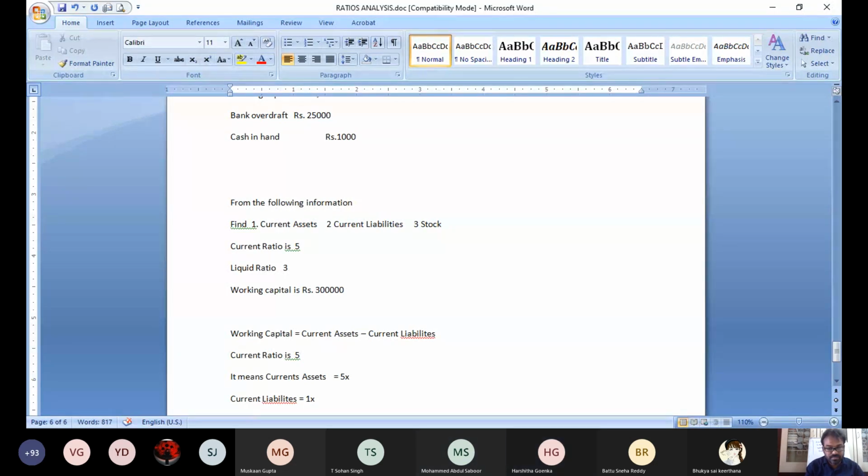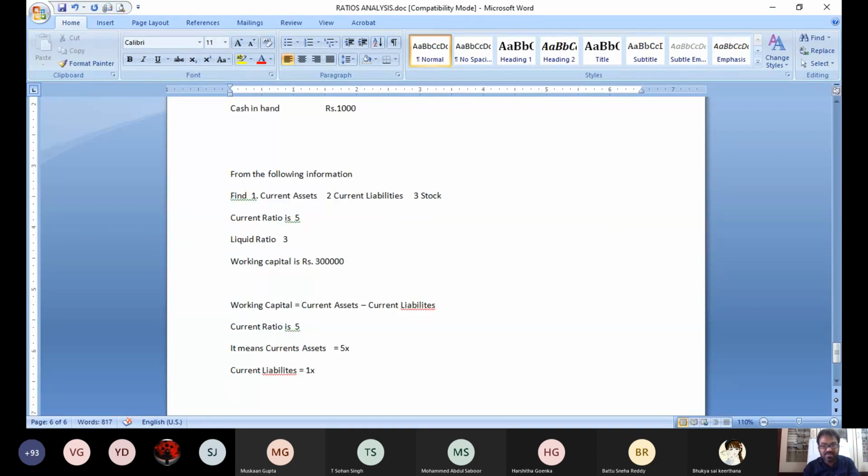This is very, very important. Always remember, when the current ratio is given, you assume the first value as the current assets, and current liabilities in the current ratio is always 1. So therefore current assets is equal to 5x. Current liabilities is equal to 1x.